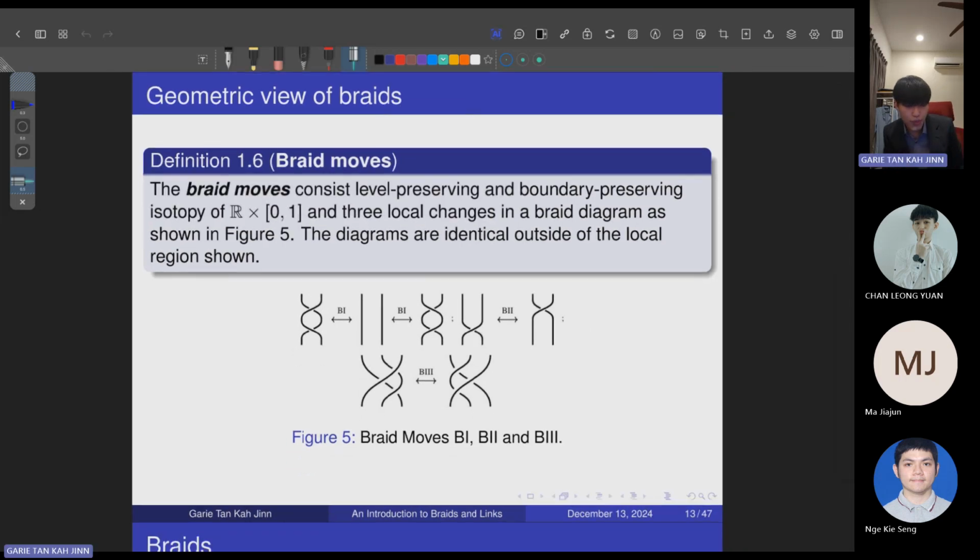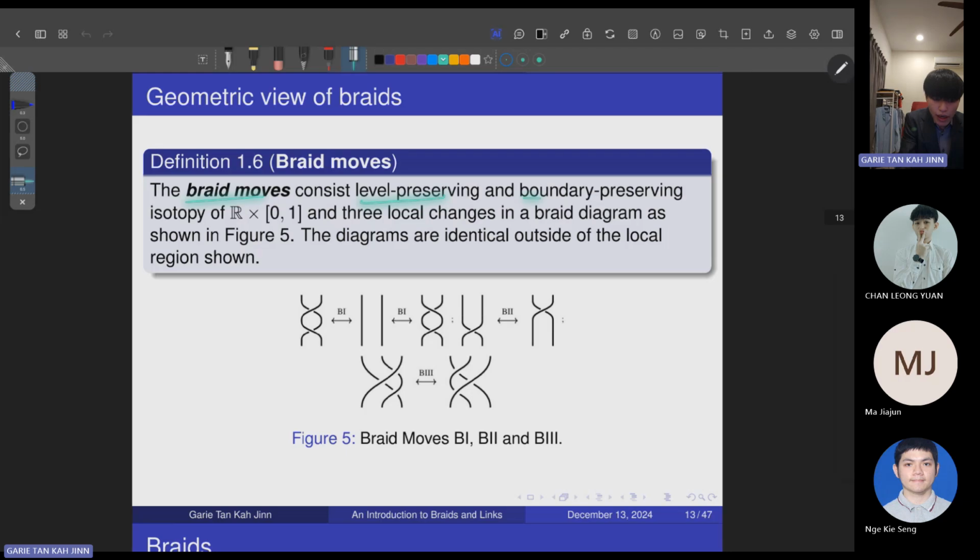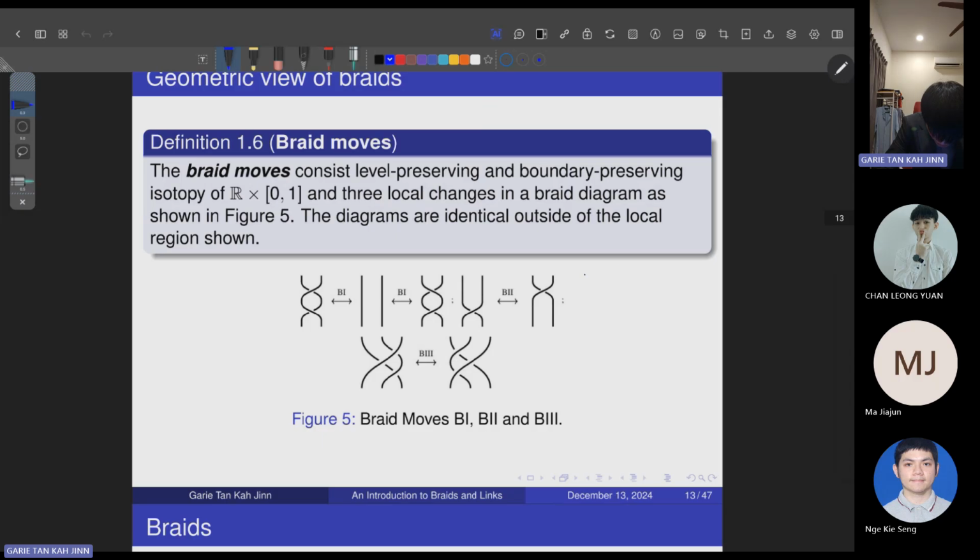Now we will define the braid move, which will have an important role when we want to study the equivalence of links. A braid move consists of level preserving and boundary preserving isotopy. What do level preserving and boundary preserving mean? For example, I draw a braid like this.